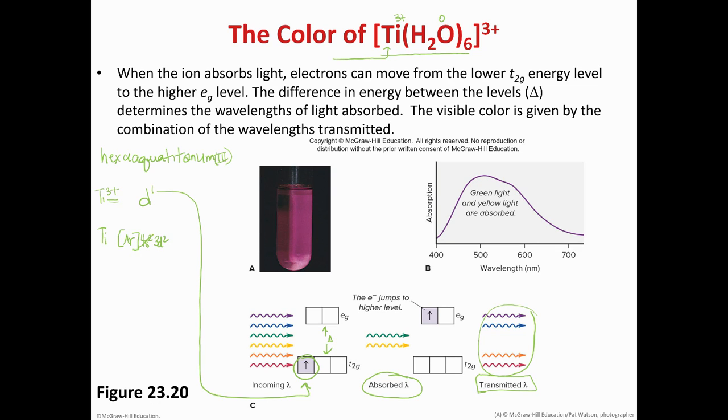Okay, so now from a spectrophotometer point of view, when you put something into the spectrophotometer that's colored, in this case, the green light and yellow light that's absorbed is here in this wavelength. And that's what we would set the spectrophotometer to if we were analyzing this sample.